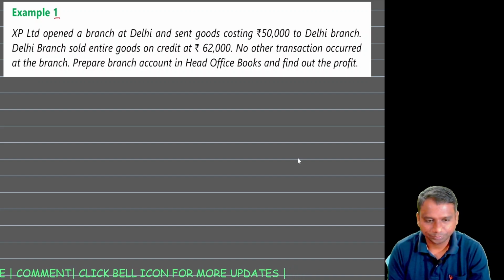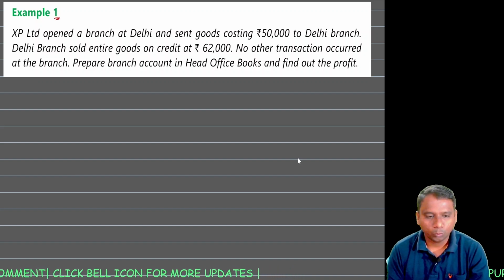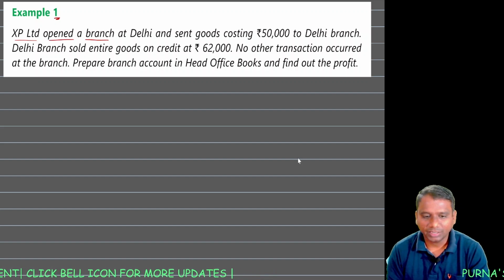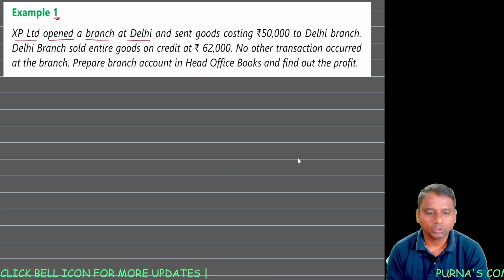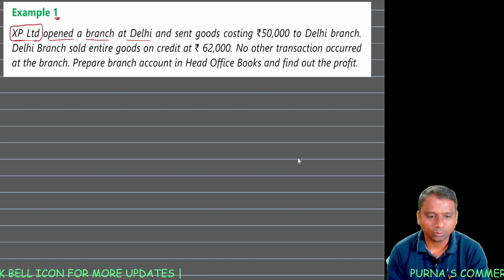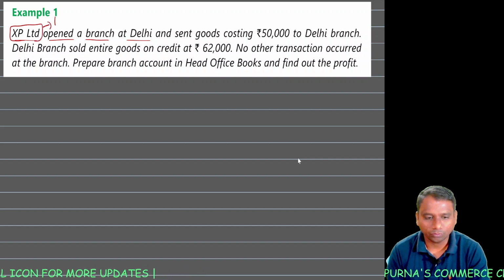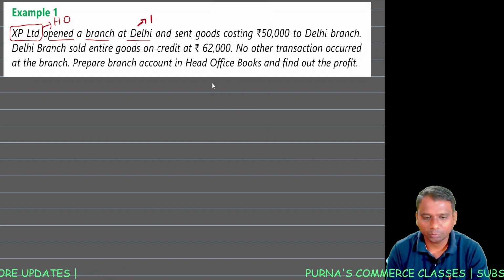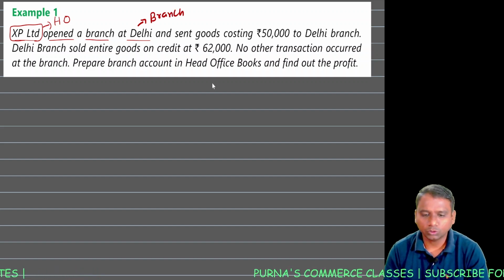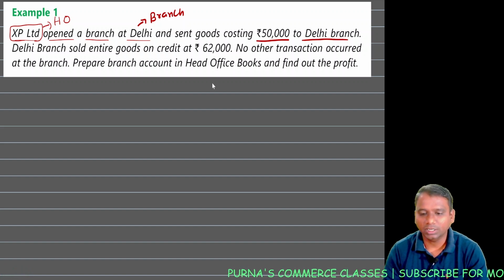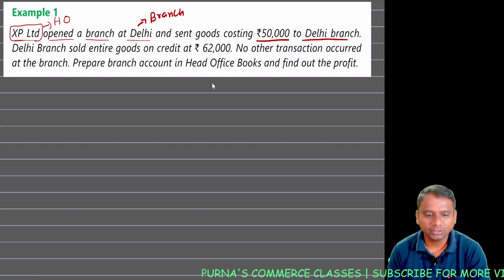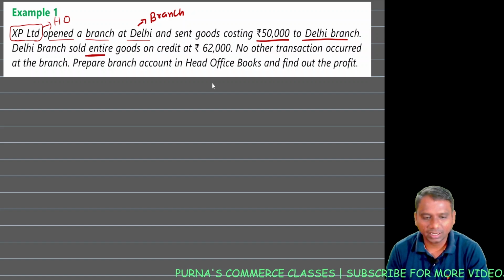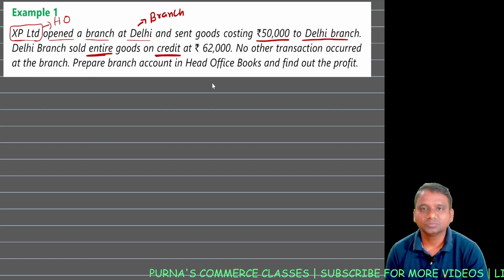Look at the example. XP Limited opened a branch at Delhi. So XP Limited is the head office and Delhi is the branch. It sends goods costing 50,000 to the Delhi branch. Now the Delhi branch sold the entire goods on credit.